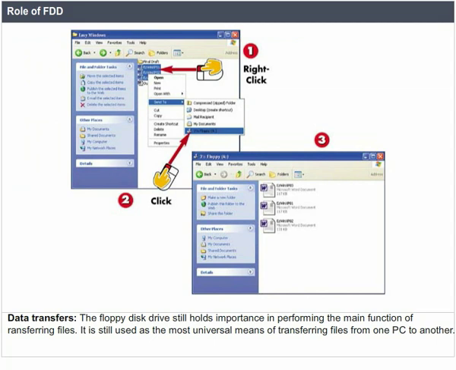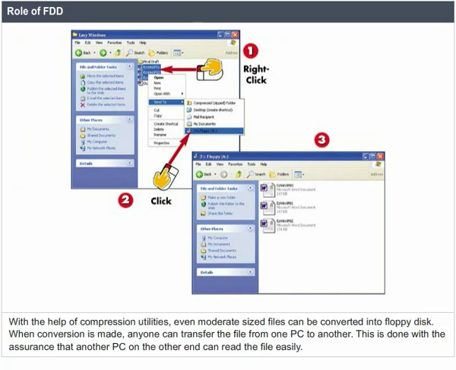It is still used as the most universal means of transferring files from one PC to another. With the help of compression utilities, even moderate-sized files can be converted to fit on a floppy disk. When conversion is made, anyone can transfer the file from one PC to another. This is done with the assurance that the PC at the other end can read the file easily.